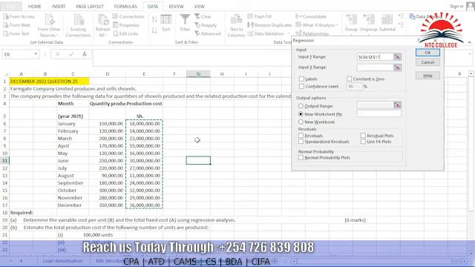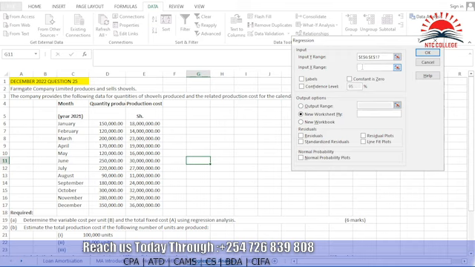Rachel, you've done that? Then I enter. No, wait for my instruction. So have you highlighted the values of Y? Okay. Put your cursor at input X range.